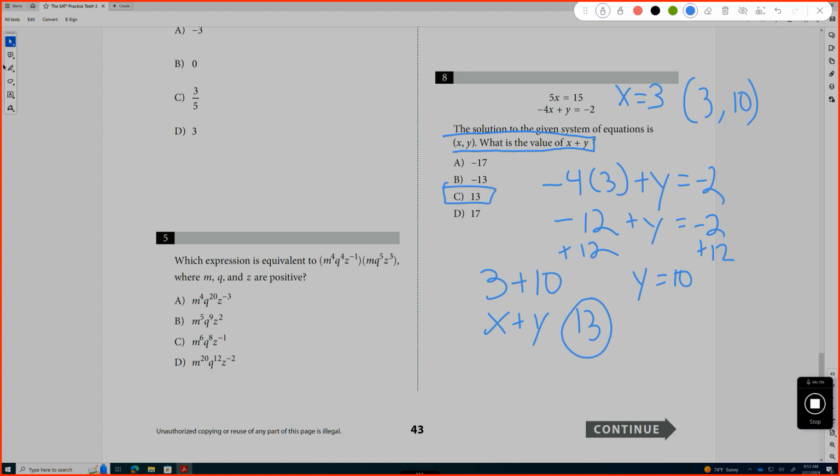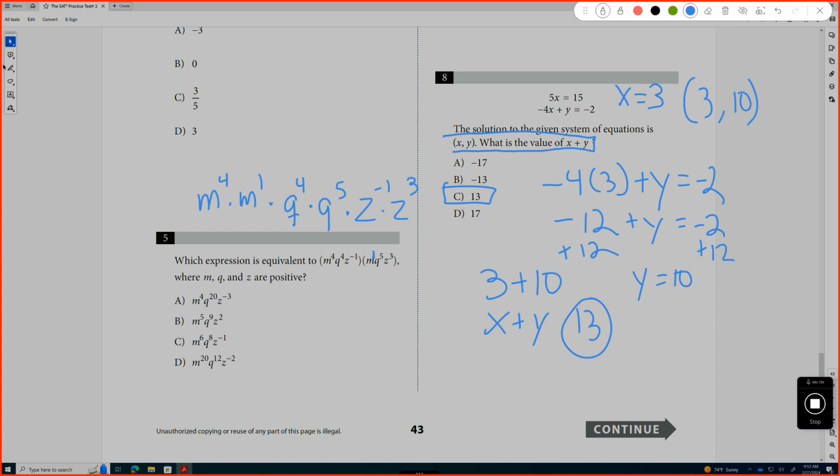Okay, now multiplying bases with the same letter and different exponents. Whenever you see no exponent on an m, assume it's a number 1. So it's m to the first. So if I multiply m to the 4 times m to the 1 times q to the 4 times q to the 5 times z to the negative 1 times z to the 3, all we have to do is keep the base.